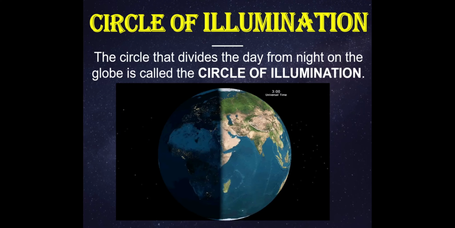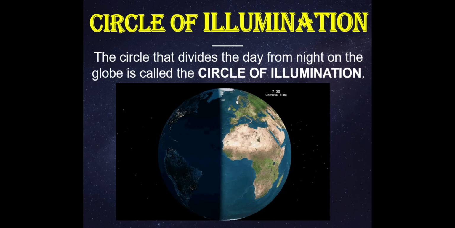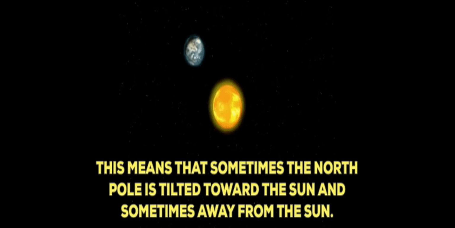The circle that divides the day from the night on the globe is called the circle of illumination. This circle of illumination never coincides with the axis. This means that sometimes the North Pole is tilted towards the Sun and sometimes it is away from the Sun.